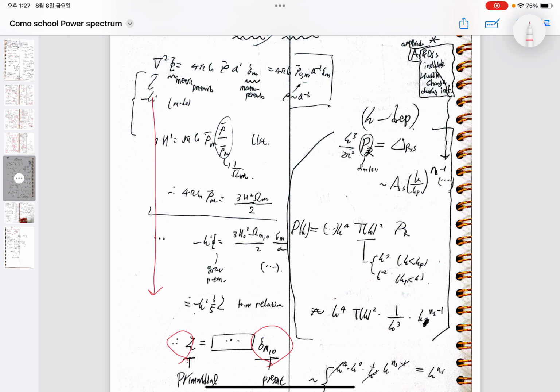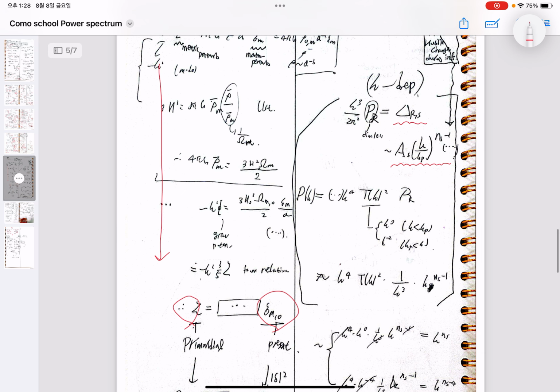Here, the dimensionless power spectrum delta is given in such a form. Here this is the transfer function.